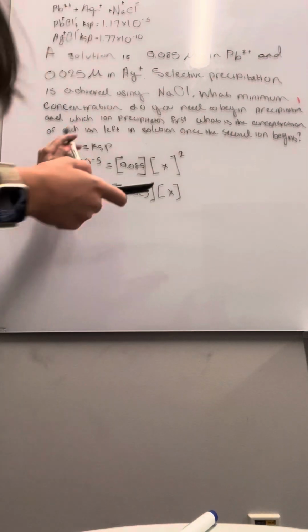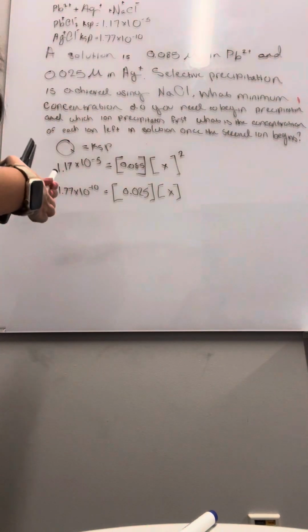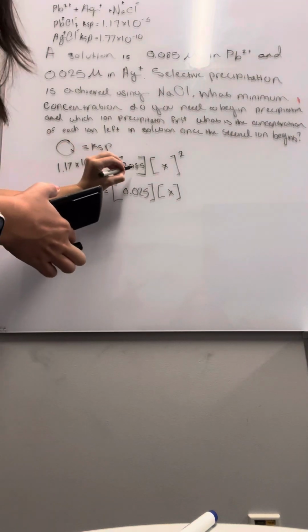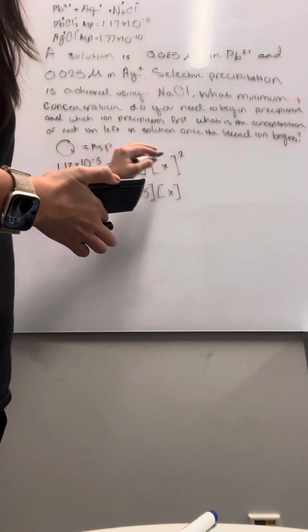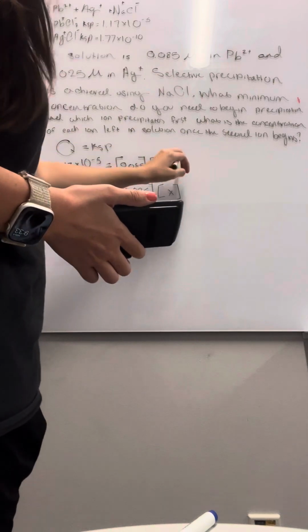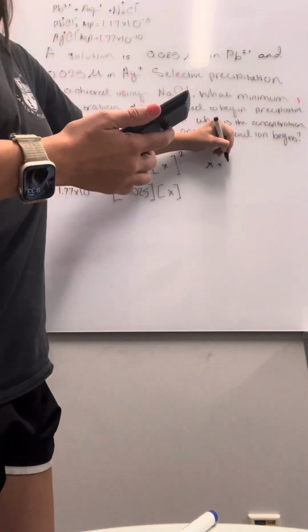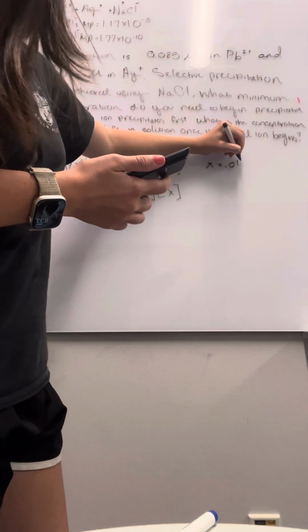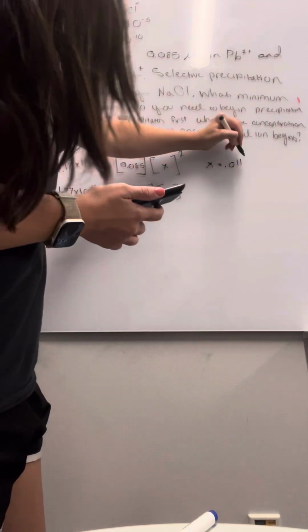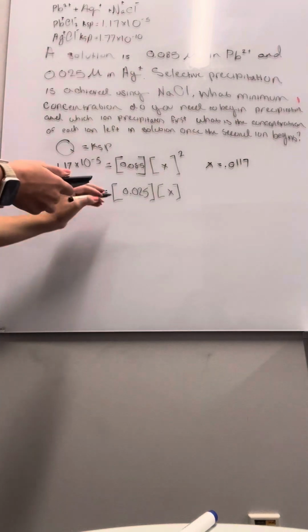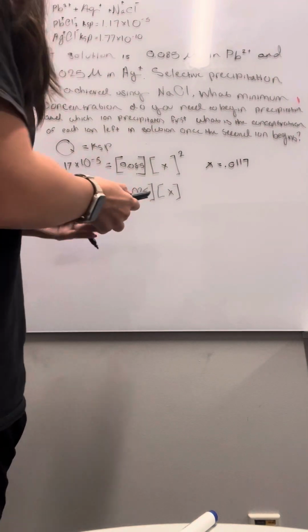When we solve for this one, you just do this divided by this, and then we're going to square root it to get rid of this square here. So I got that x equals 0.0117. And then we're going to do the same for here. We're just going to divide this by this.